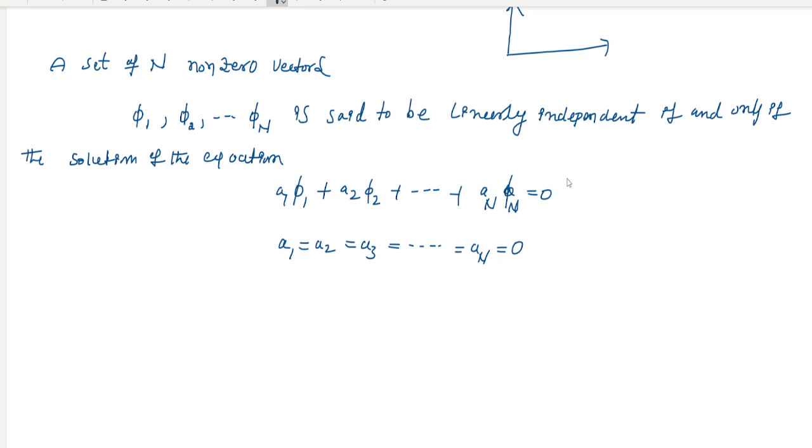Then we call that a linearly independent vector space.